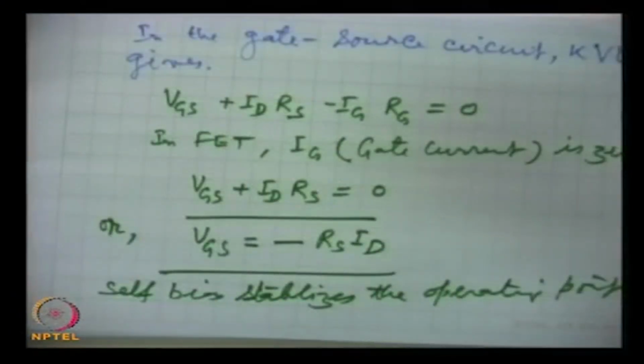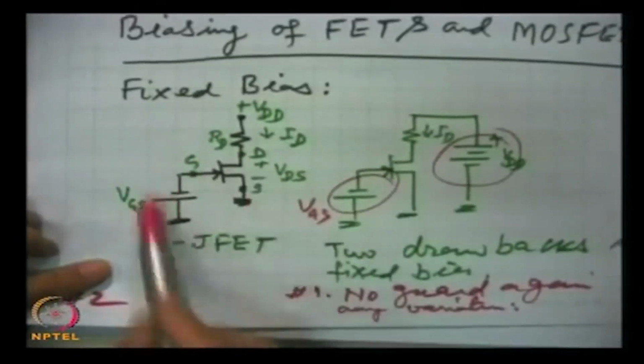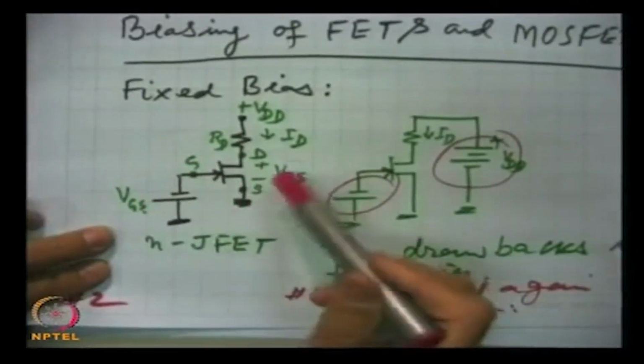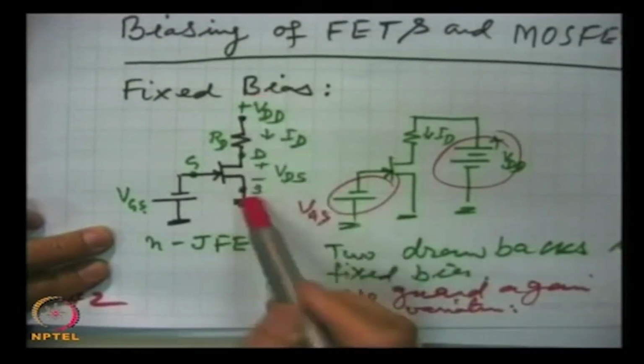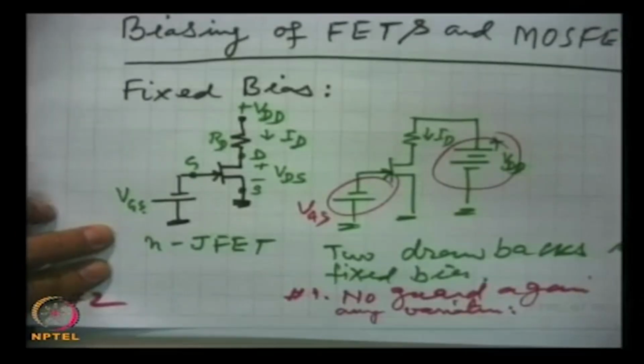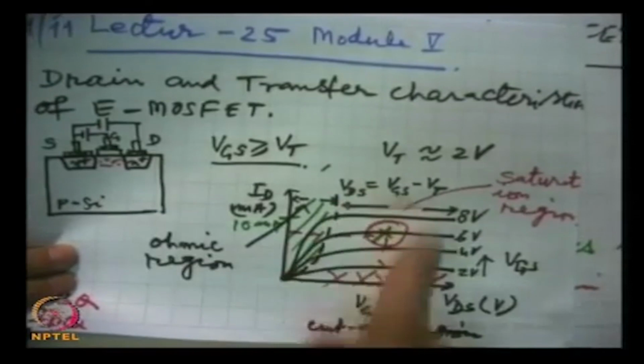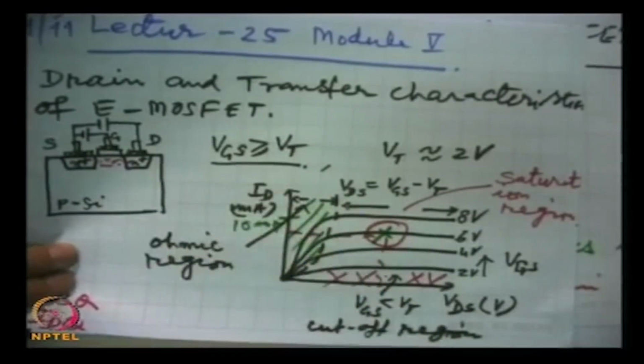MOSFETs are semiconductor devices, so normally the drain current will increase. In a fixed bias circuit like this, if the drain current increases, that will change this VDS, and the operating point will shift.